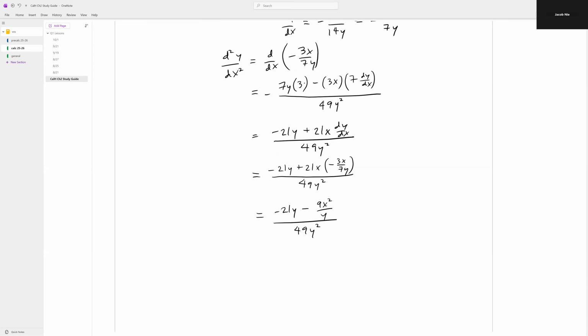Yes. All right. And then if you simplify that a little more by multiplying both the numerator and the denominator by y, you would be left with negative 21y squared minus 9x squared over 49y cubed is your final answer.